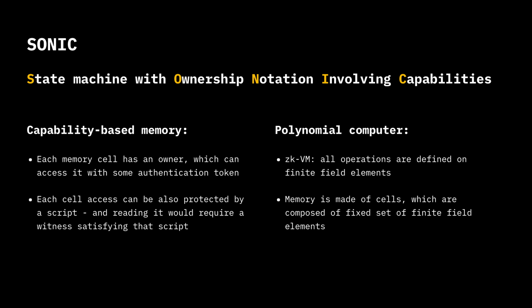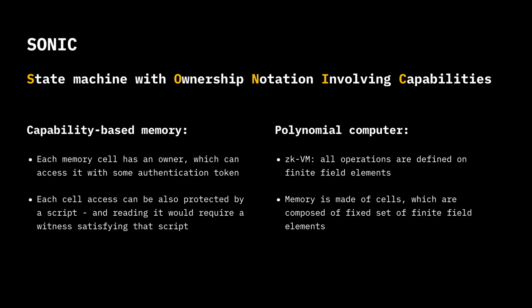We call it Sonic because it's an abbreviation of this capability-based memory. You can Google and find on Wikipedia more information about capability-based access, resources, and memory. It's a very interesting, growing field of computer science. I wouldn't go into much detail now, but basically we believe that it is the future form.